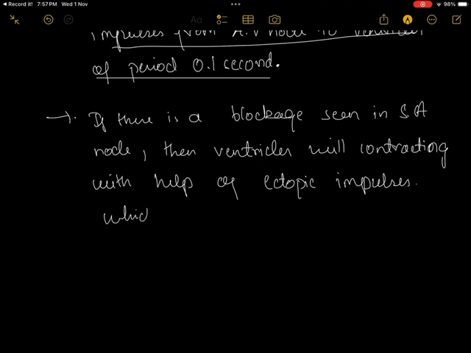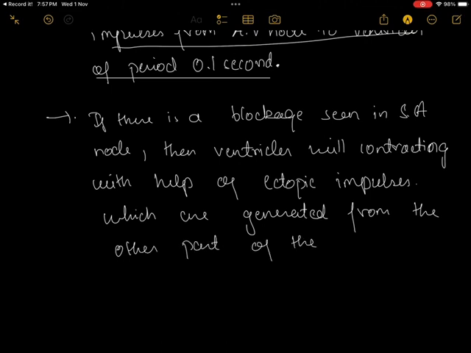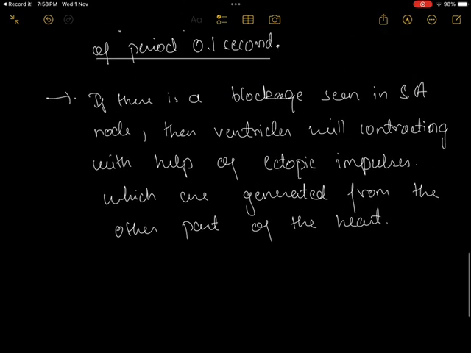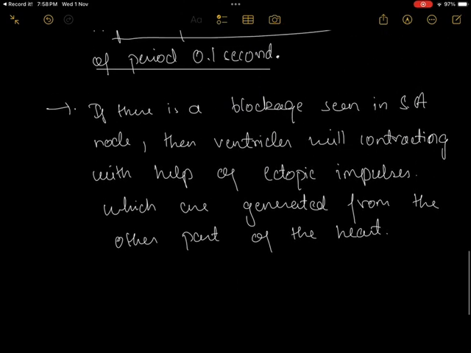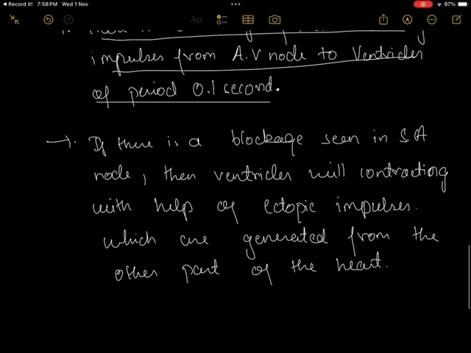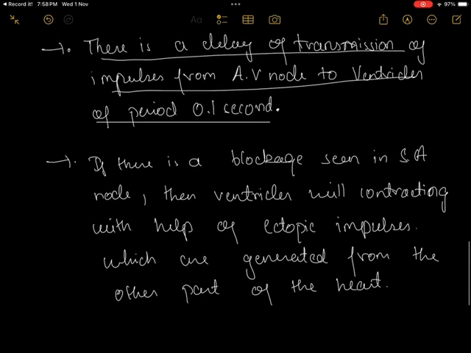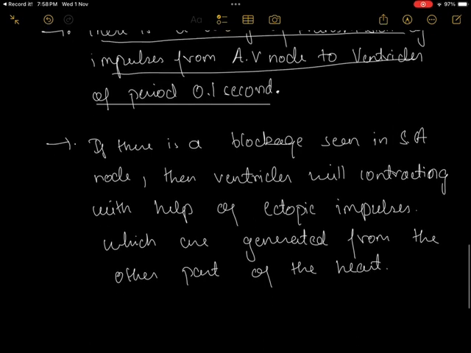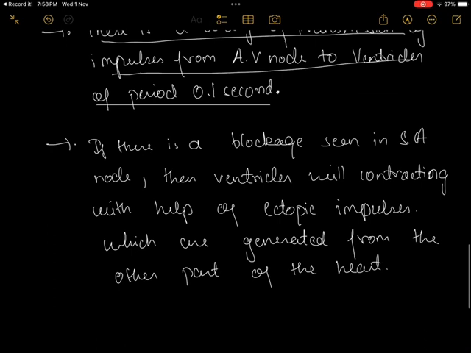Usually ventricular contraction is totally dependent on atrial contraction, where the impulses are transferred from the SA node to the ventricles.